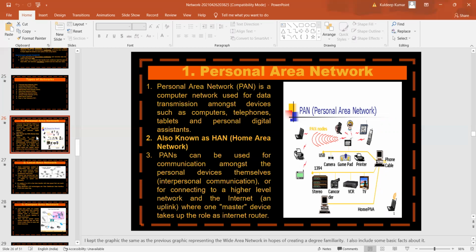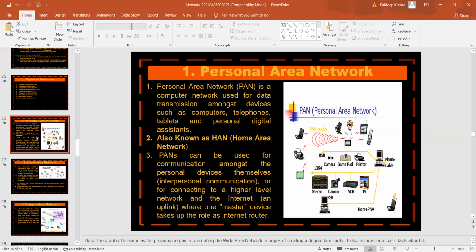It is also known as home area network because its range is very limited. PANs can be used for communication among personal devices themselves or for connecting to a higher level network and the internet when a master device takes the role of internet router.